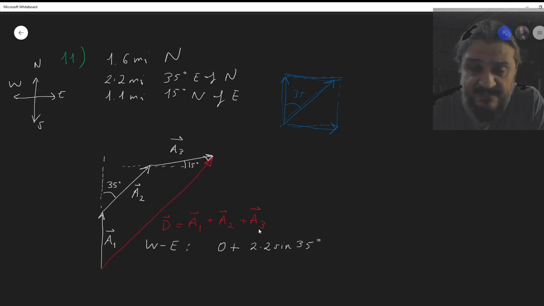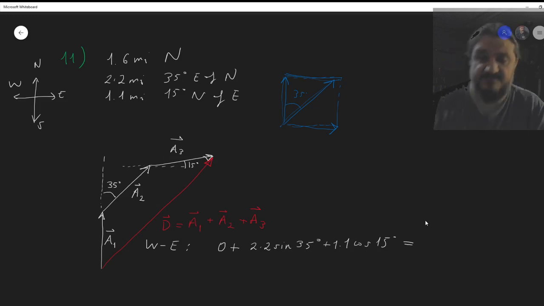And then A3 will have a component in the east-west direction also. This time I need the cosine of 15 because that's the angle it makes with the horizontal dashed line, right? So I need the magnitude of A3, which is 1.1, multiplied by cosine 15 degrees.